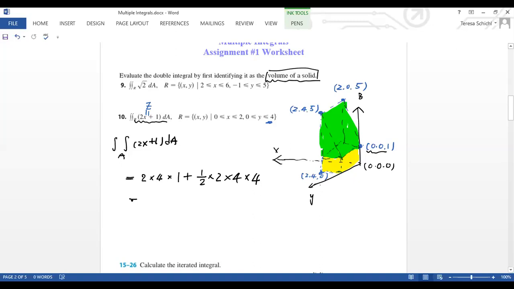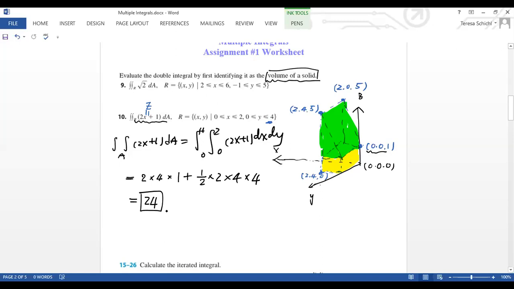Adding everything together gives you 24. That will be the volume for this figure. So that's the same idea. If you physically carry out the integration, the integral from 0 to 2, 0 to 4, of 2x plus 1 dx dy, you will get the same result.